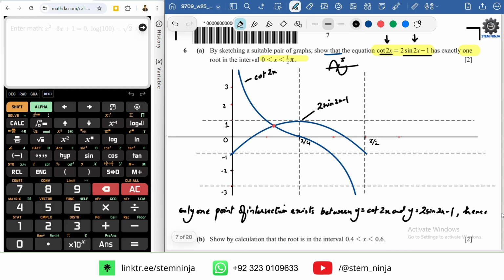Hence, only one root exists in this range, in the range 0 to pi by 2.